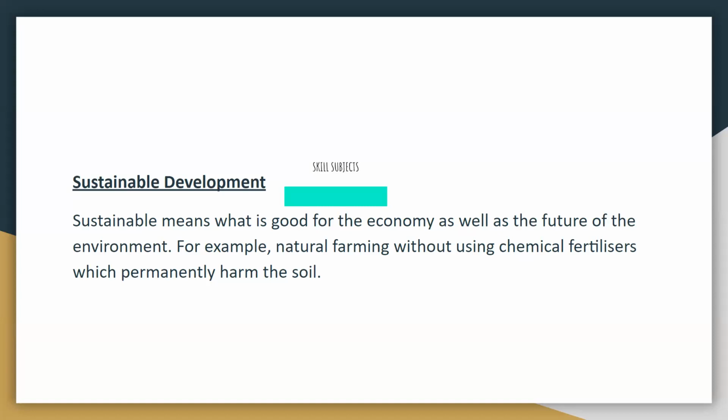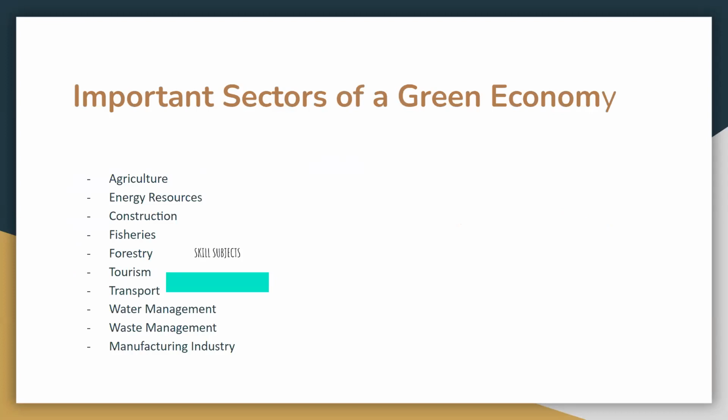We would get into trouble. So, sustainable means what is good for the economy as well as for the future of the environment. So, whether it is water, whether it is soil, whatever we are consuming right now, we have to also think about the future, that the future generations are also able to utilize it and no harm happens to the environment as well.